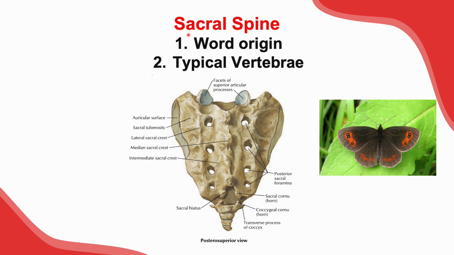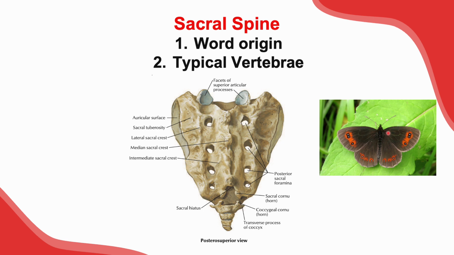We're going to talk about the origin of the word sacral and the typical sacral vertebra. In my eyes, I see that the sacrum resembles a butterfly. You might ask why. These right here are called the ala of the sacral spine, and ala in Latin means wings.